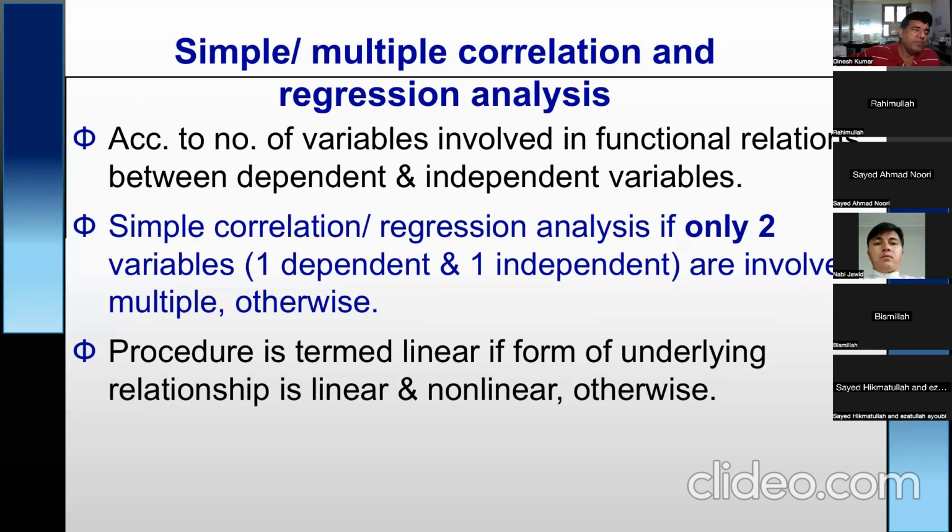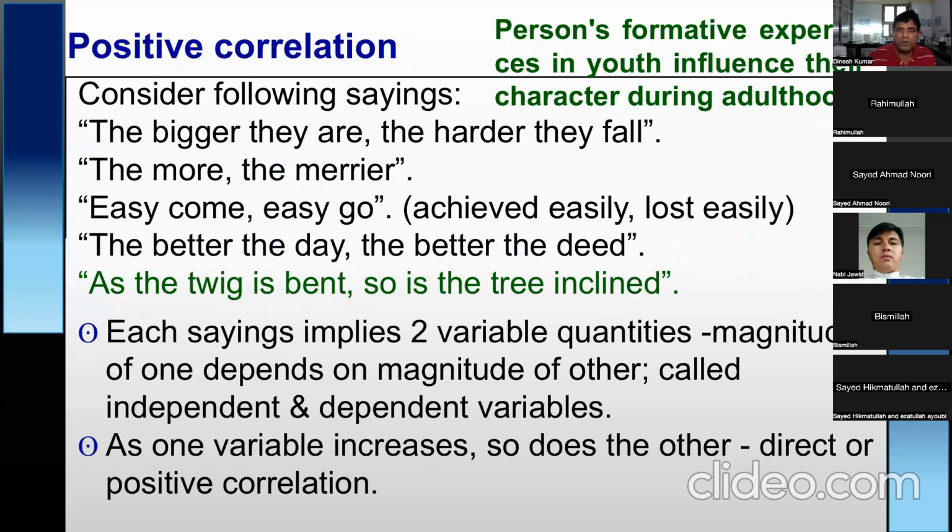So this is how we define multiple correlation analysis and simple correlation analysis. In simple relations, only two variables are there. In multiple relations, you have two or more independent variables and one dependent variable. So now see the difference in correlation and regression.